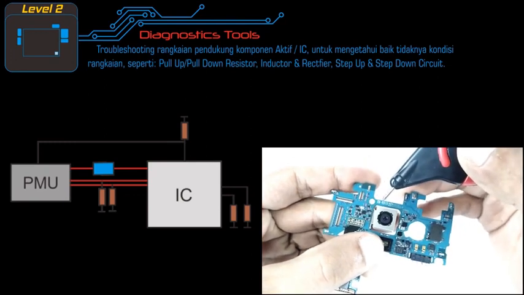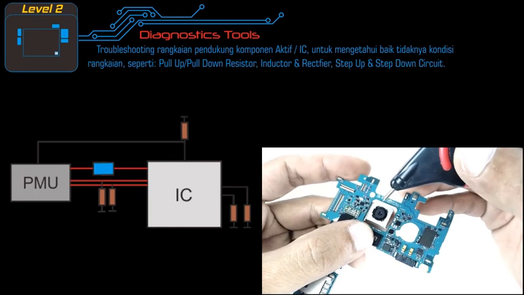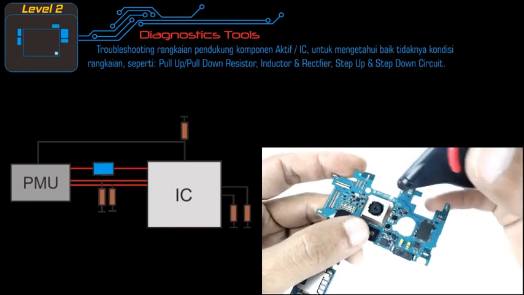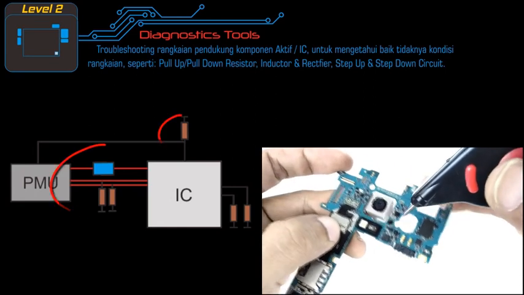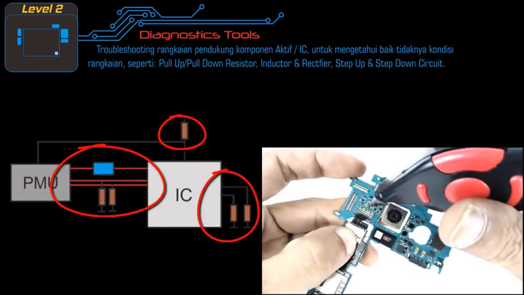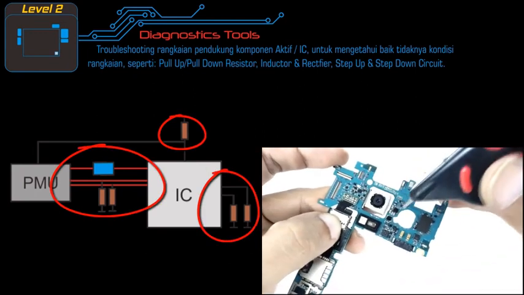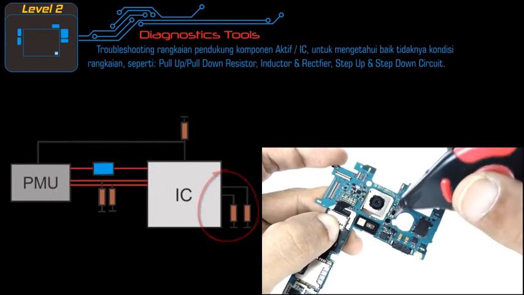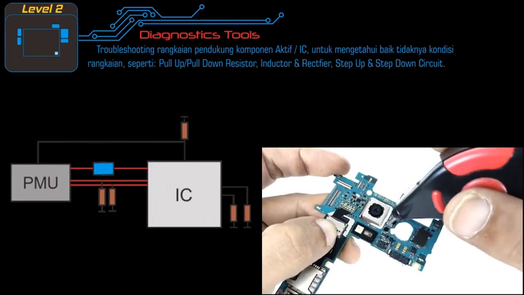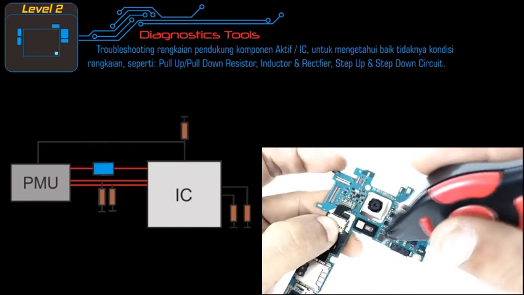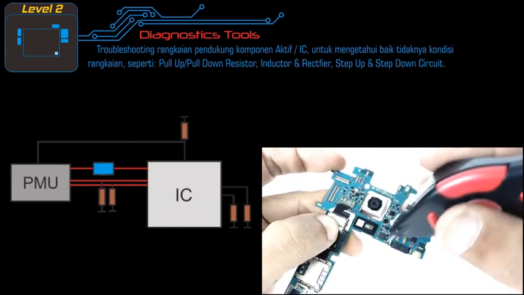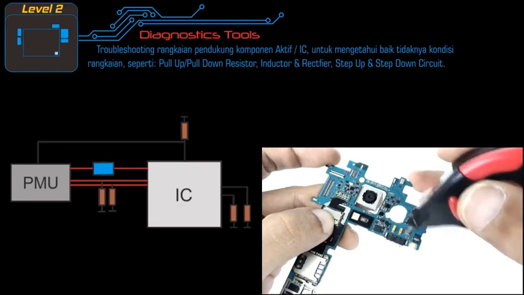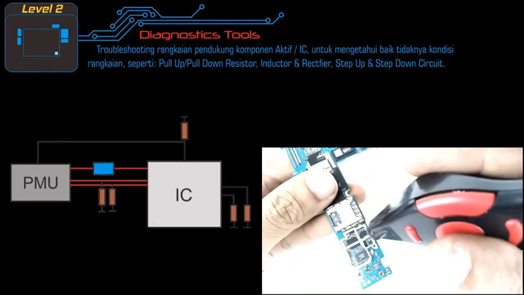Because the measurement method does not include the passive component area needed on the IC support, you need to proceed to troubleshooting Level 2. This is done to ensure the series of components needed for the IC to function properly. We need to ensure there is no damaged passive component, for example, capacitors, inductor, filter, diode, resistor, etc.